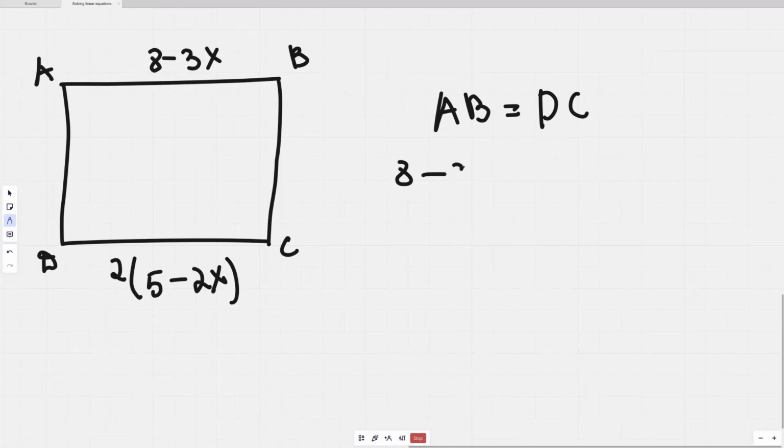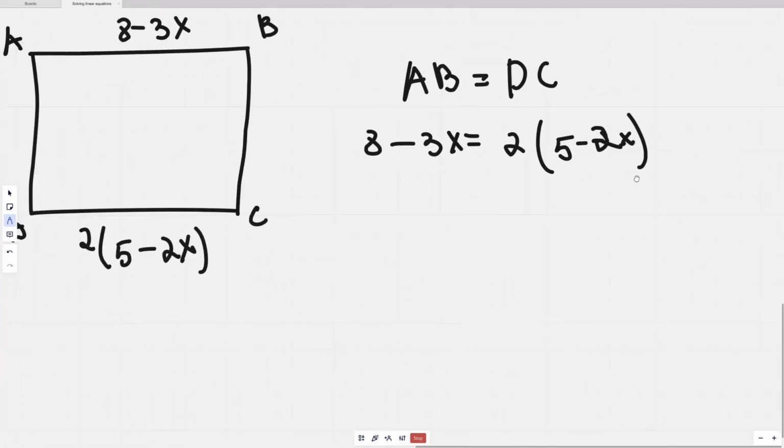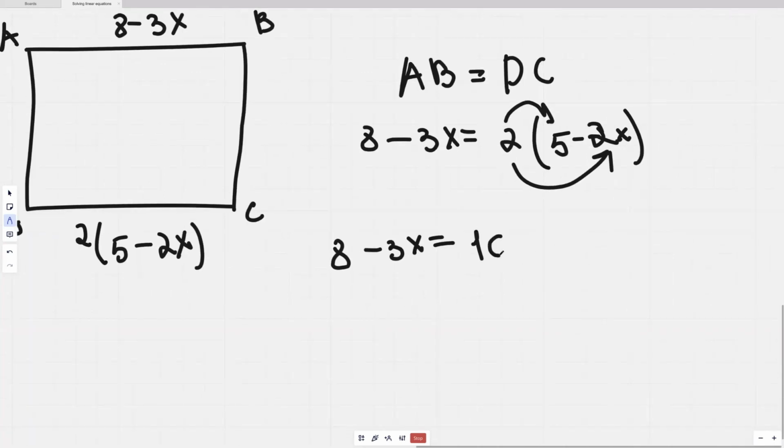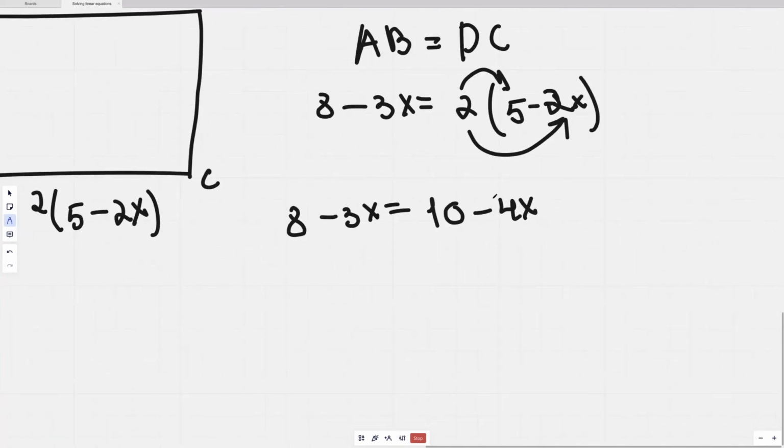So 8 minus 3x is equal to 2 times (5 minus 2x). Firstly, we have to expand it, right: 2 times 5, and 2 times negative 2x. 10 minus 4x. So my negative 4x will be moved to the left-hand side, changing its sign to positive.